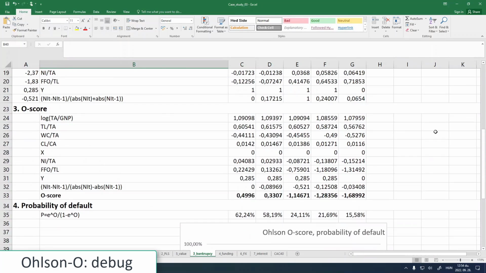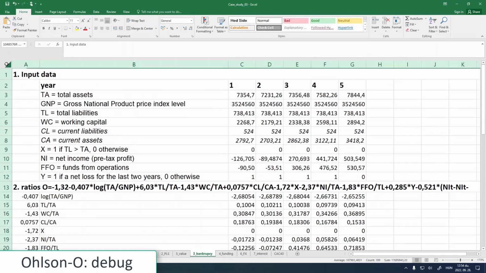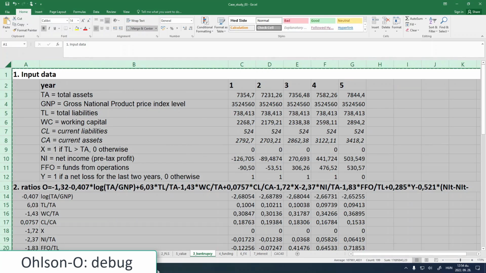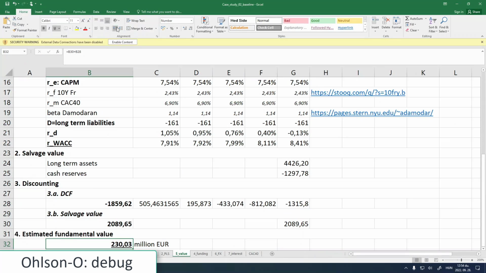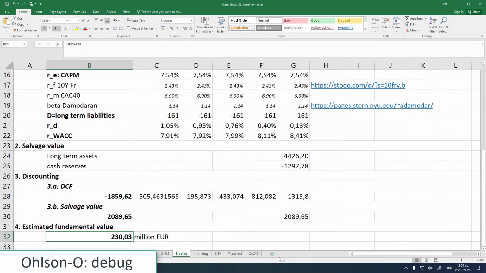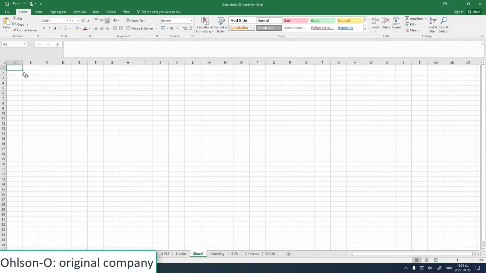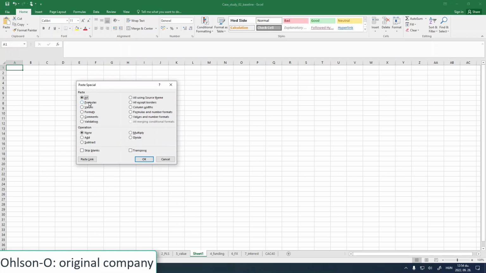And just for fun, let's see what is happening if we are using the same thing. Obviously, after that I will upload it to CoSpace. So if we are using the same thing here, let's paste just the formulas.